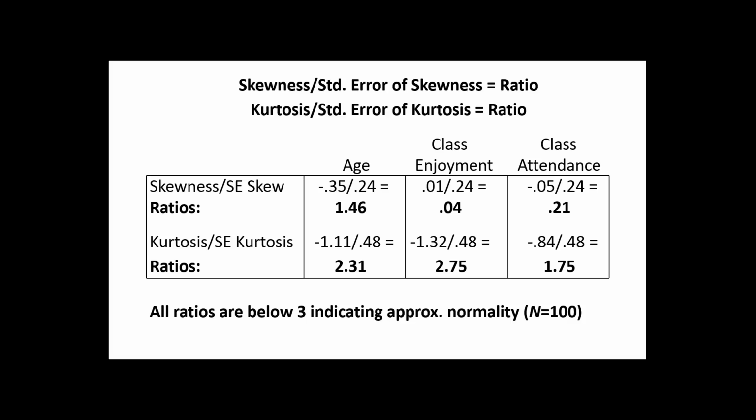And you could see none of the ratios are above 3, which means among all the variables, none of them have a skewness or kurtosis that's 3 times the respective standard error. So for the full sample of 100, the distributions are approximately normal, so the test assumptions are not violated.